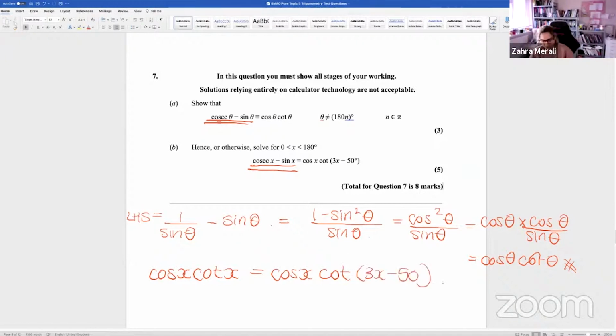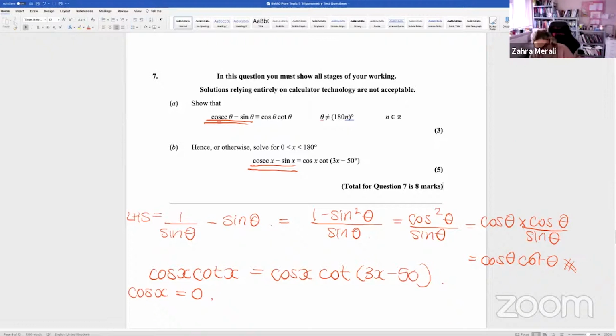So the same thing, we can't just cancel out without considering when it equals 0. If we were to cancel those cos x's, we've got to think about when cos x equals 0 in order to cancel them out.